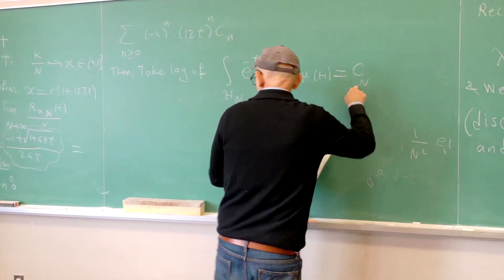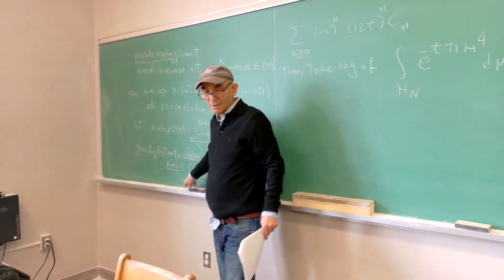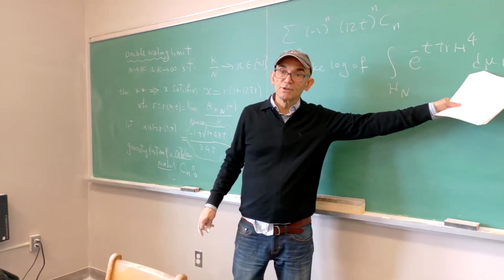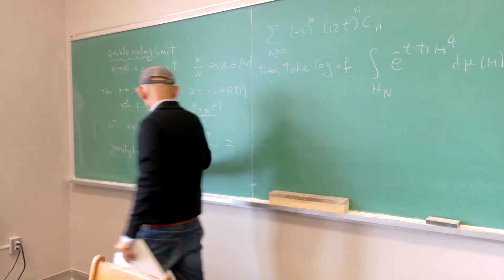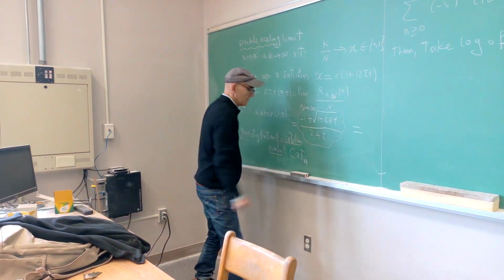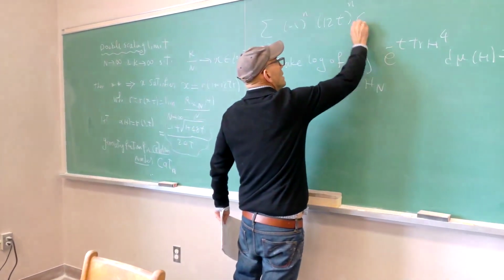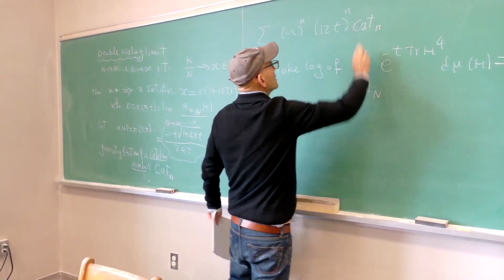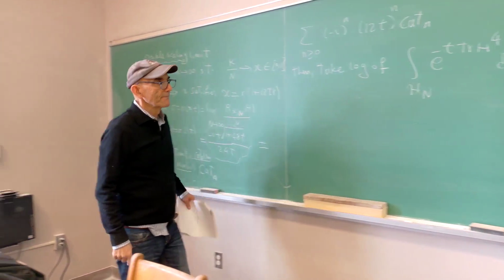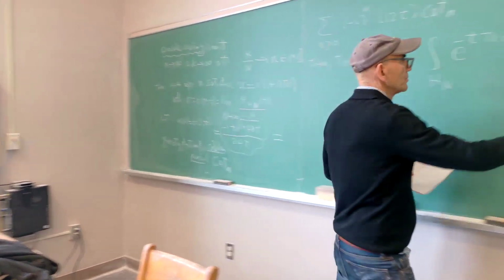This Cn has nothing to do with the Catalan number, by the way. This is a constant from the theory. So maybe I'll call the Catalan number cat n. So this is Cn n factorial.